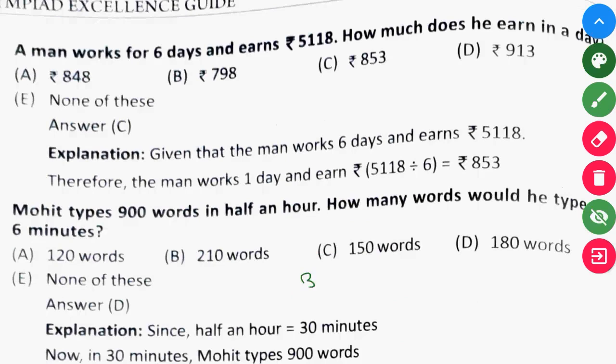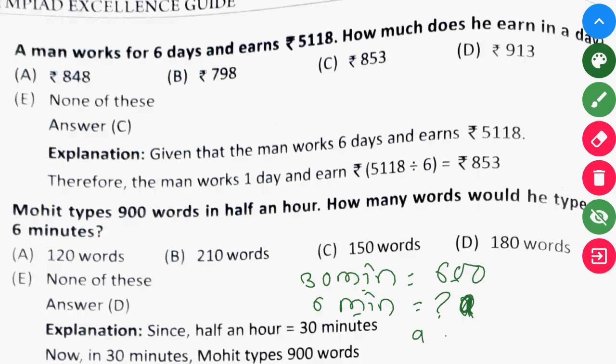In 30 minutes, he is typing 600 words. So in 6 minutes, how many words? So what you are going to do here, assume this as X or A. A will be your answer. A words he types in 6 minutes. So we will do cross multiplication.